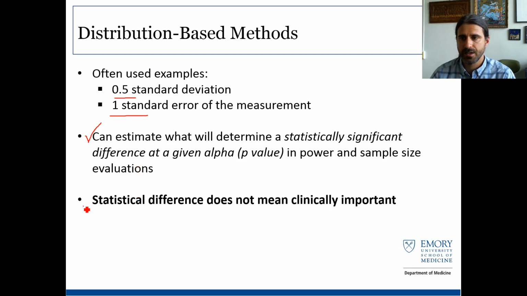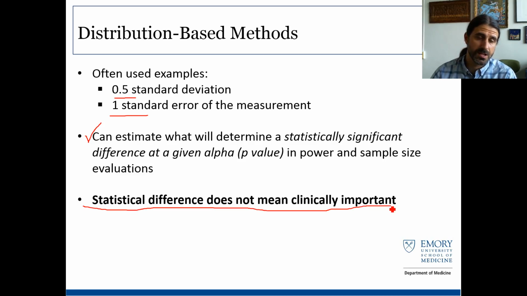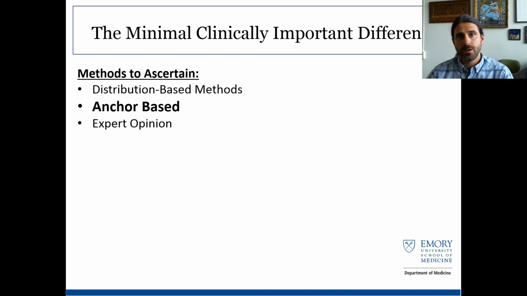But as when we started talking about MCIDs, statistical difference does not necessarily mean clinically important. So that's where the other balancing method for determining MCID comes into play, and those are the anchor-based methods.